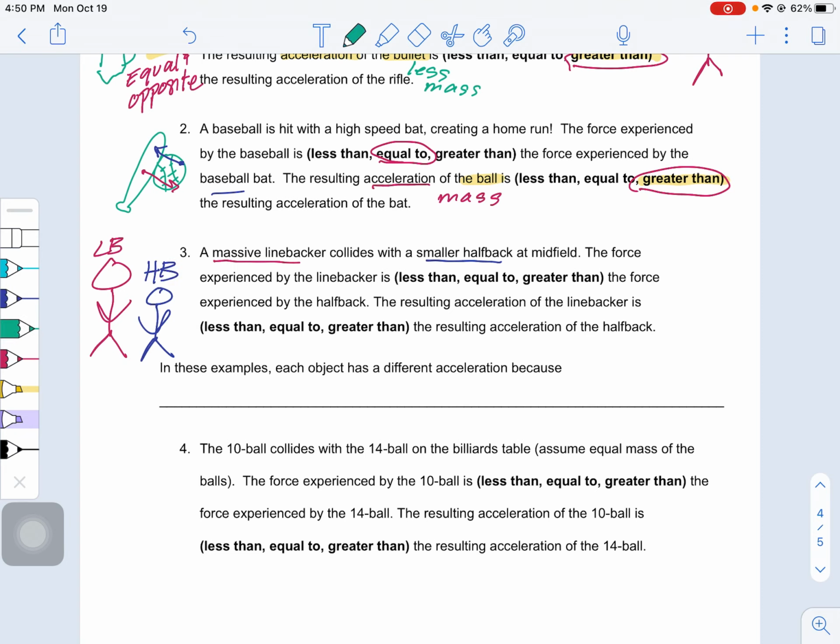What do I know about the forces when they're tackling each other? Every single time, equal and opposite. The acceleration is going to be different because of their masses. We want to know the acceleration of the linebacker. He's the more massive one, so I would see less of an acceleration. Again, all of these are having a different acceleration because of their difference in mass.